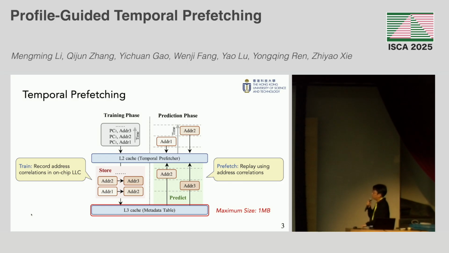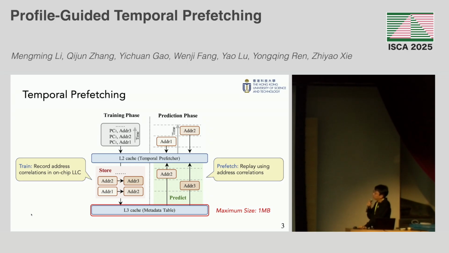This slide shows the idea of temporal prefetching. It mainly includes two stages, the training stage and the prediction stage. In the training stage, the temporal prefetcher will record the address correlation in its metadata table.